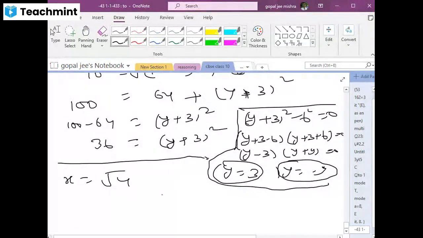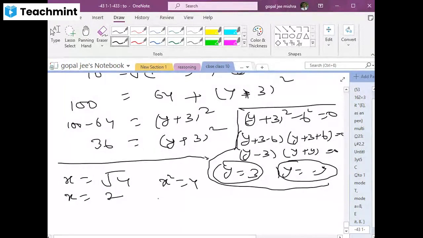X is equal to under root 4. What is the answer of this beta, Anadi, according to you? And another question, x square is equal to 4. What is the answer of this?